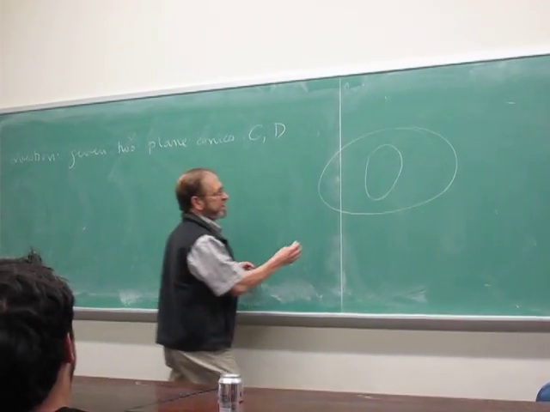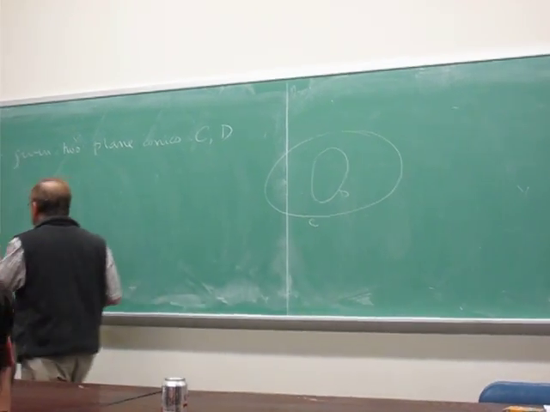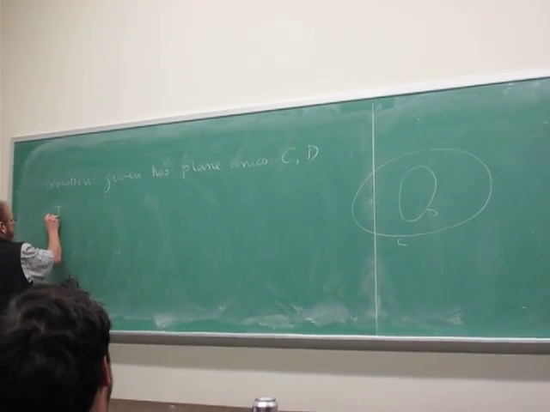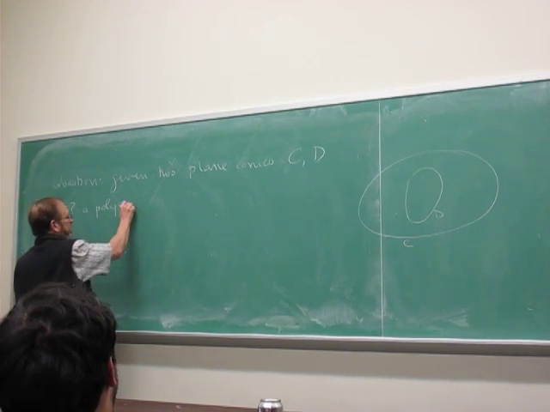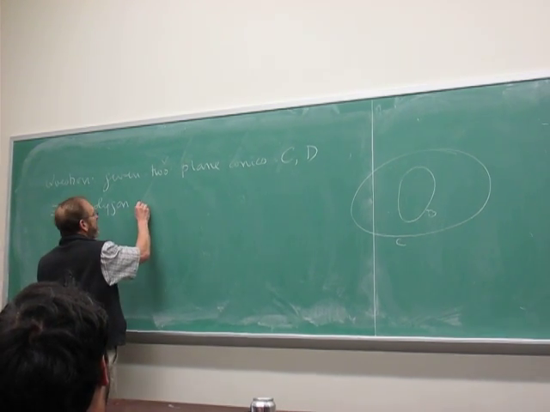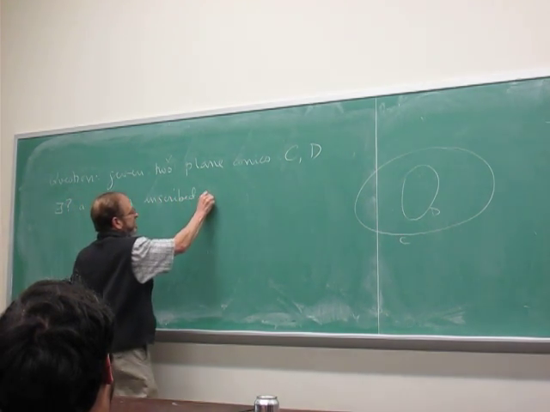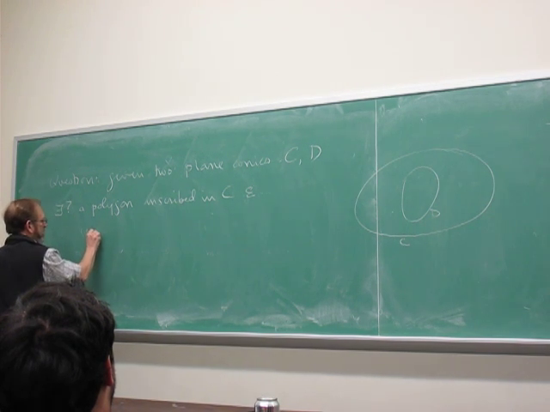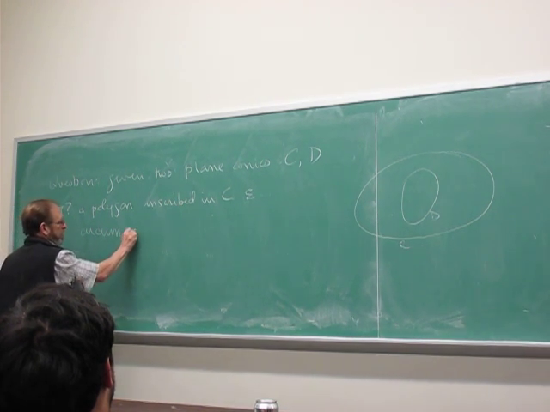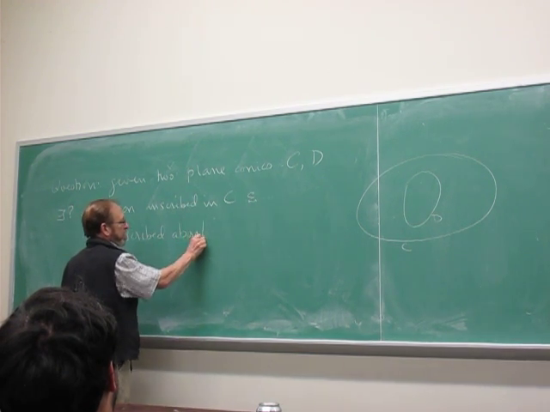So let's say this is C and this is D. Does there exist a polygon inscribed in C and circumscribed about D?